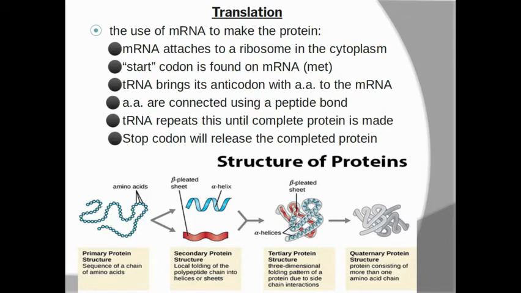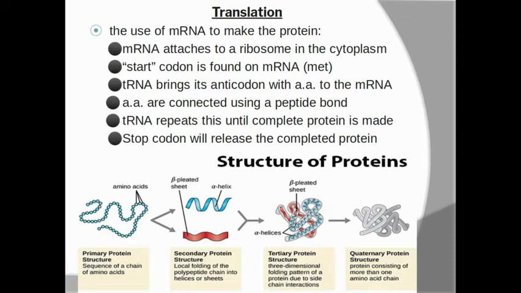Again, there's a decoder that I'm going to share with you in a little bit that's going to tell us exactly what each codon codes for. tRNA brings the anticodon to the messenger RNA at the ribosome, and the amino acids, or AAs, are going to be connected using peptide bonds. tRNA repeats until the final codon, which shows up, is a stop codon.